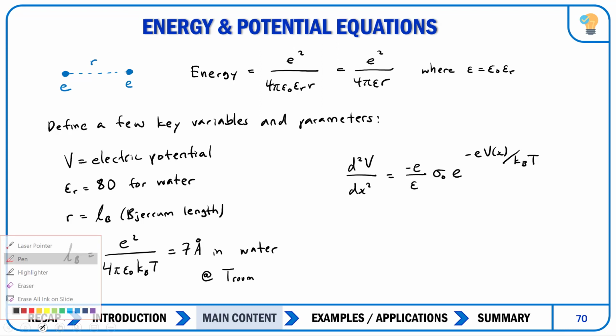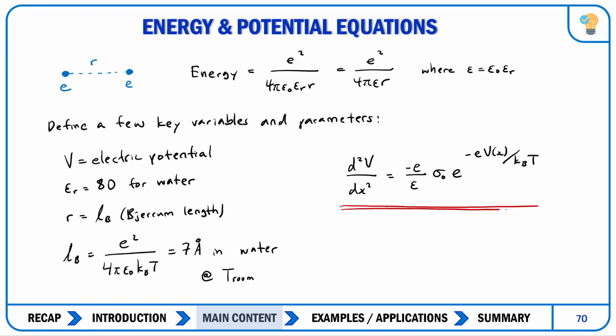So that is a model that is commonly used to describe the potential of DNA as a giant charge.